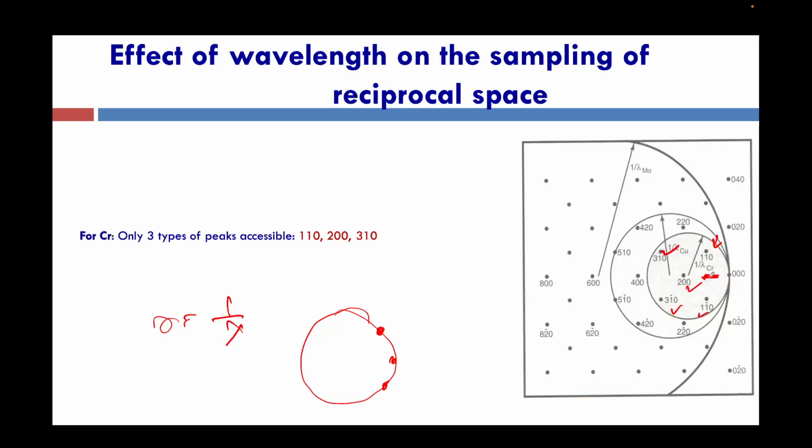When I am going from chromium to copper, my 1 by wavelength is decreasing, that means the radius of my Ewald sphere is increasing. Here I am able to access more planes: 220, 420, 5105, all these planes.